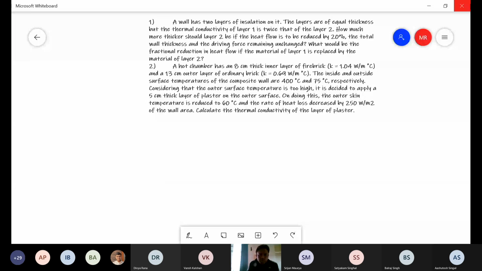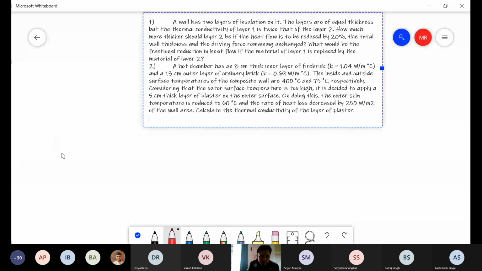Please go through the problem statement. Okay, so the first problem is: a wall has two layers of insulation on it. The layers are of equal thickness, but the thermal conductivity of layer 1 is twice that of layer 2.